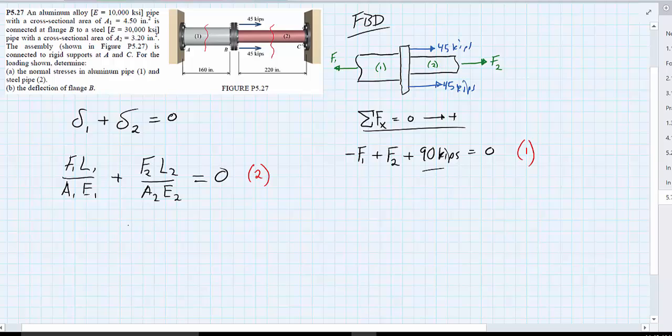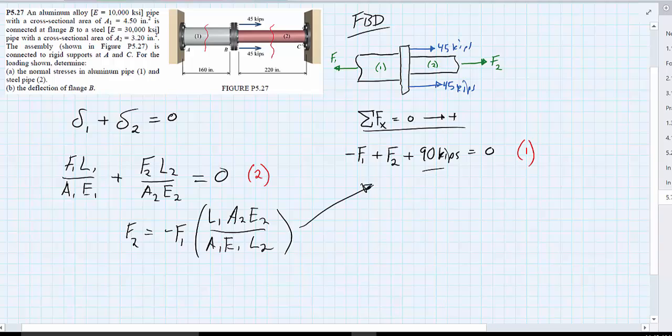So just solving this with algebra, we can say F2 equals negative F1 times length 1, area 2, E2 divided by area 1, modulus of elasticity 1, length 2, and then plugging this relation into equation 1 and solving for F1.